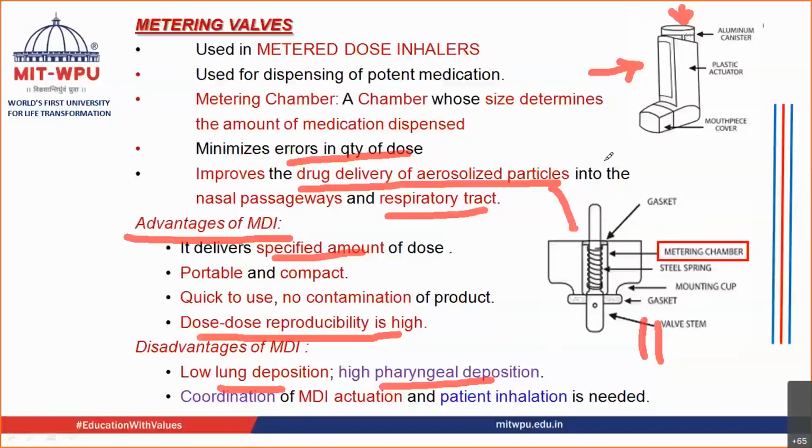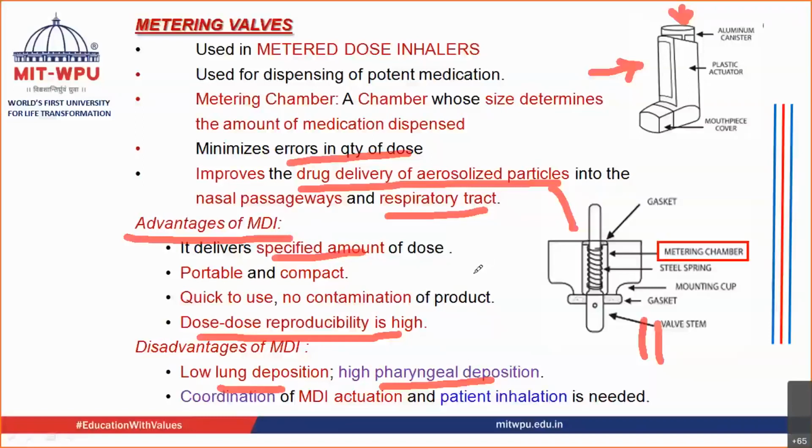That comes by proper training, and after using the meter dose inhalers many times, that coordination usually comes in the patients. If that coordination is not there, then you are not going to get the adequate result. So the patient should be properly trained in order to use this meter dose inhaler.